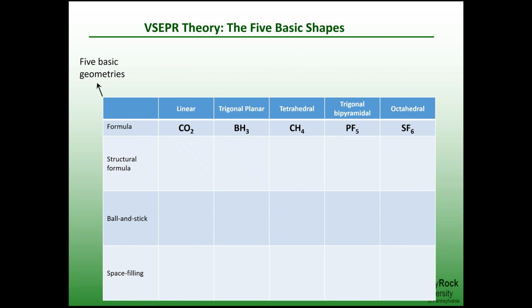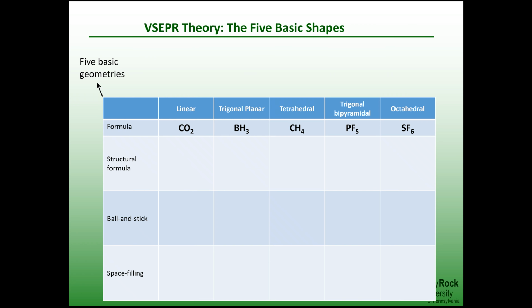The 5 basic geometries: linear, trigonal planar, tetrahedral, trigonal bipyramidal, and octahedral, are determined solely by the number of electron groups surrounding the central atom, regardless of whether those groups are bonding pairs or lone pairs.